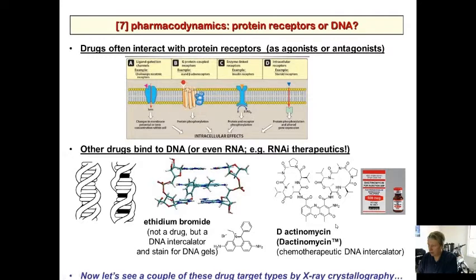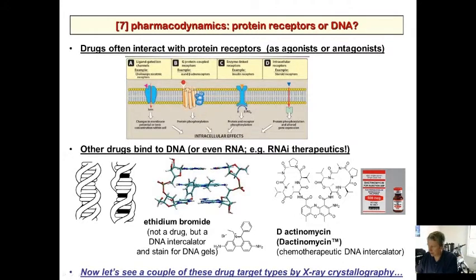Okay. All right. So let's look at a couple of these drug target types by X-ray crystallography, because now we're getting comfortable with X-ray crystal structures. A lot of these examples actually have X-ray crystal structures. That's really cool. So let's look at a couple. So remember some of these. We have ligand-gated ion channels. We'll show one of those. We'll show a GPCR.